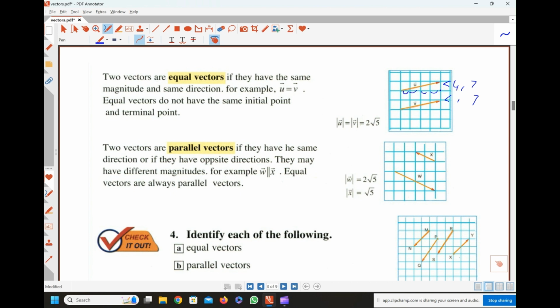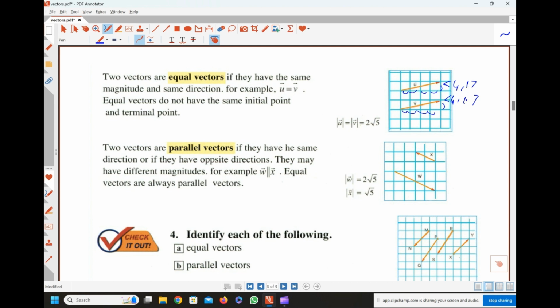To go up, we go 1 unit. So vector u is <4, 1>. In vector v, 1, 2, 3, 4 to the right, and 1 unit up. So <4, 1>. You have exactly the same vectors.